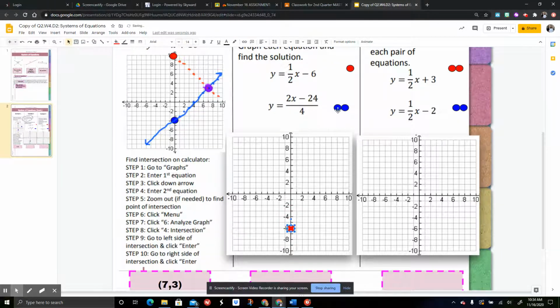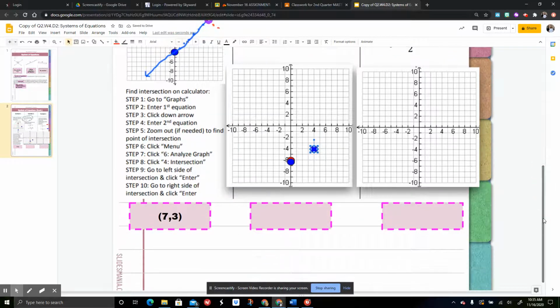And actually, both equations are at 0, -6. And they're both at 4, -4. So go right from the origin, go right 4 and down 4. 4, -4, and 4, -4. We have one line overlapping over the other. And that means there are infinite solutions.